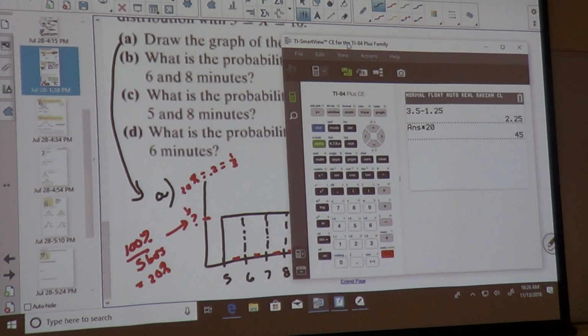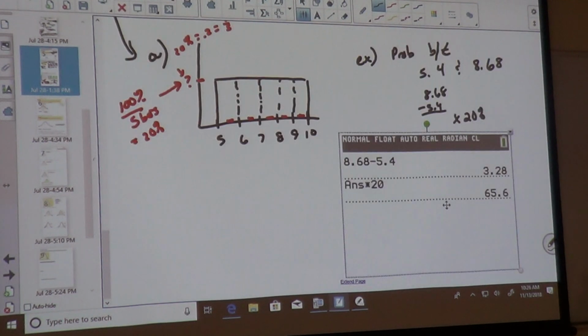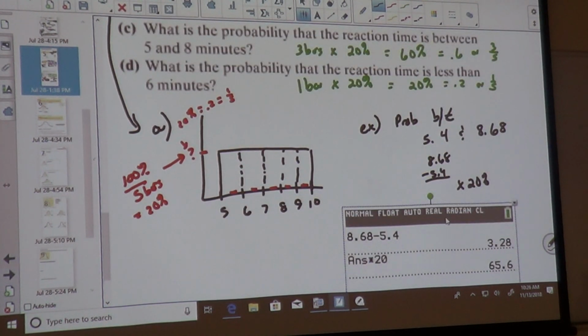So 8.68 minus 5.4 is 3.28, times 20% equals 65.6%, or 0.656.